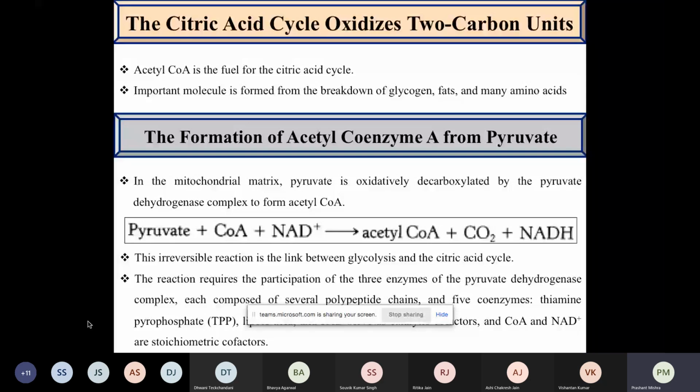How about glycolysis? That you must have done in microbiology also. Yes, sir. Okay, but do you go for the details of the control, etc.? Not exactly, sir.